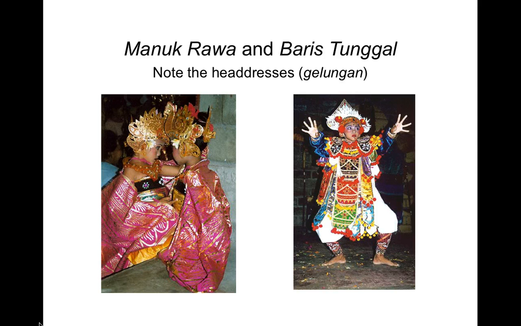And then on the right-hand side of the screen, there's the dance Baris Tunggal, which is a solo male-style performance in which the dancer depicts the movements of a warrior or a soldier. And again, you can see the arms are out, the legs are positioned wide apart, and he is wearing a triangular headdress, gelungan, there.